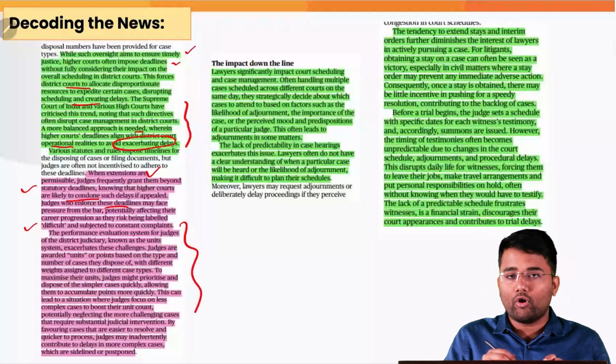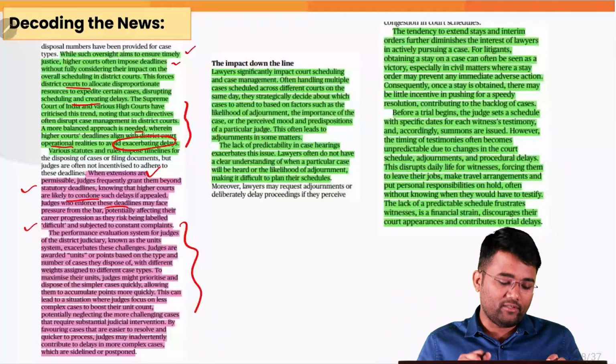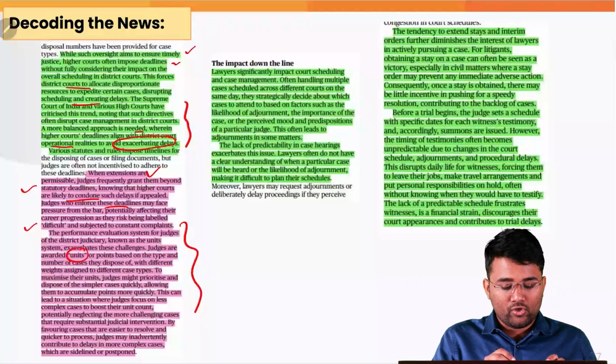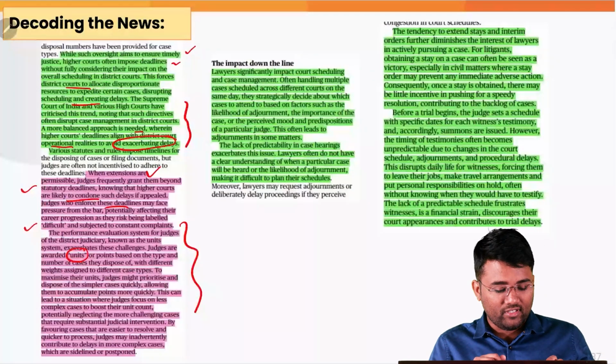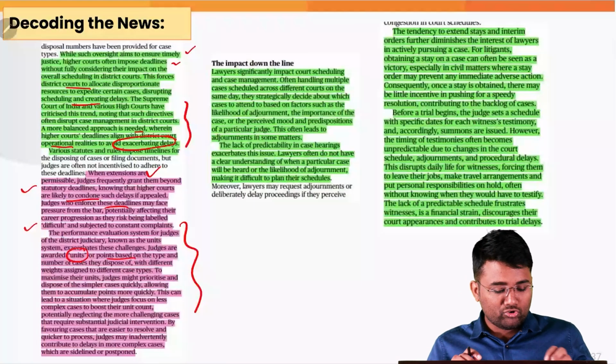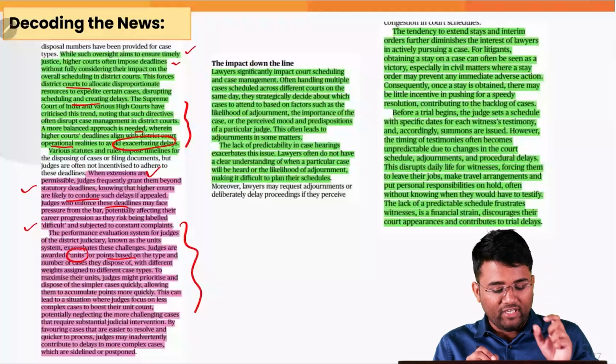There is also a performance evaluation system for judges in the district court, and for that they are provided units based on their performance in the district judiciary. This is based on the type and number of cases they dispose of, with different weight assigned to different case types.